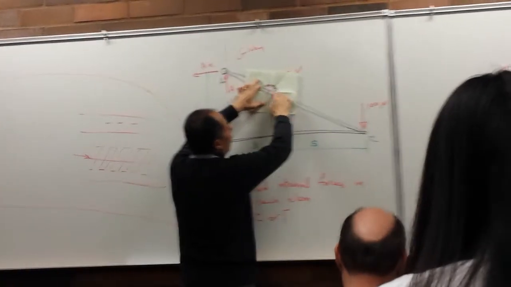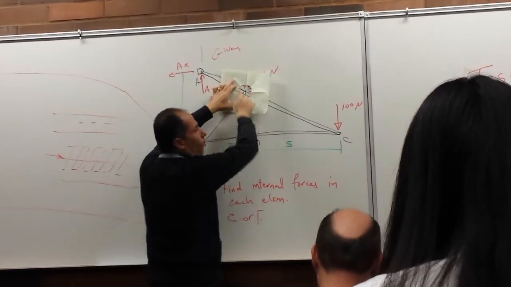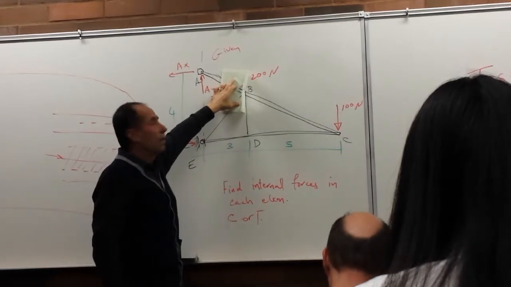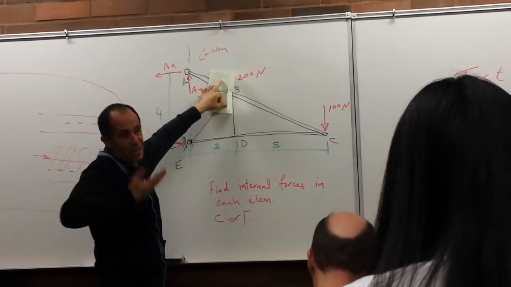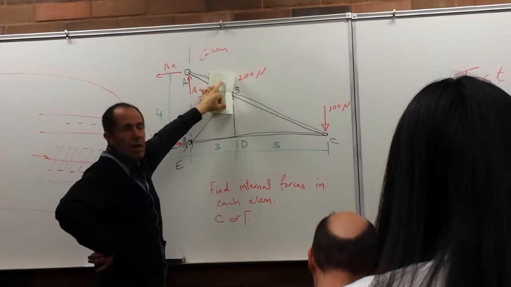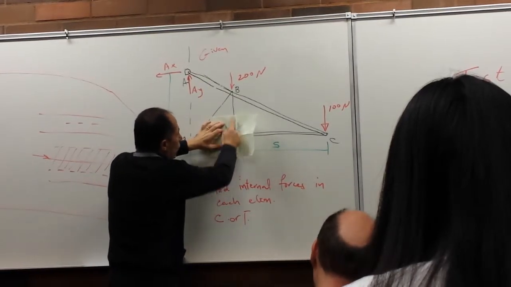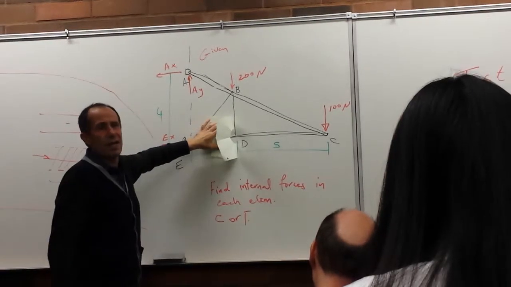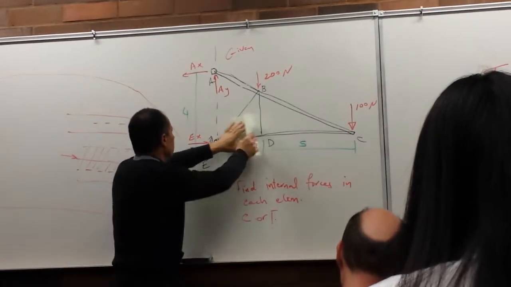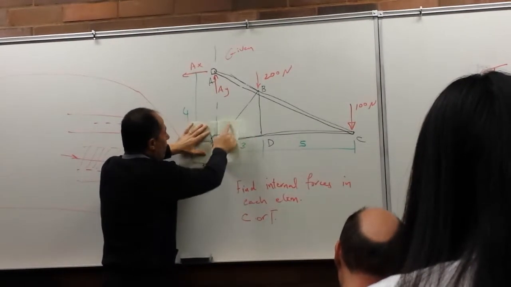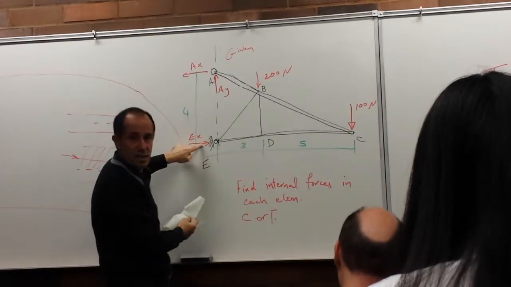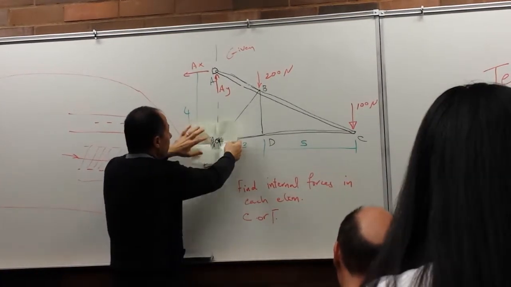Joint B, 1, 2, 3, 4. Don't do that one. And external force, but the external force is known, correct? I cannot start with it. Joint D, 1, 2, 3. Three unknowns, I cannot start with it. Here, 1, 2, 3. EX is still unknown. I cannot start with it.